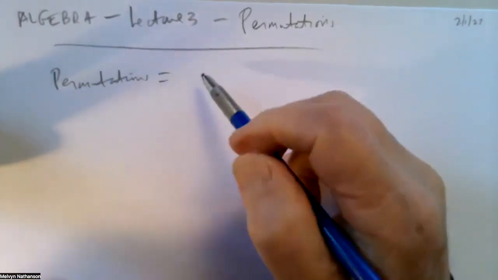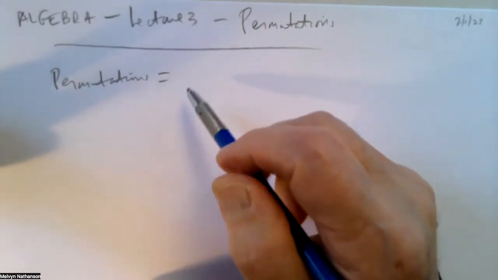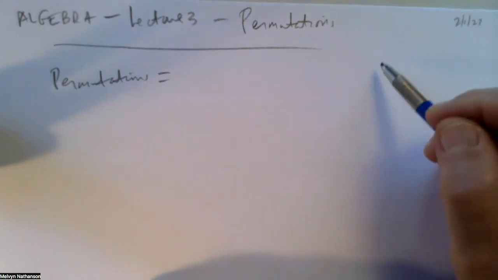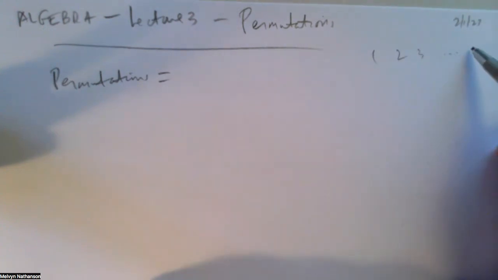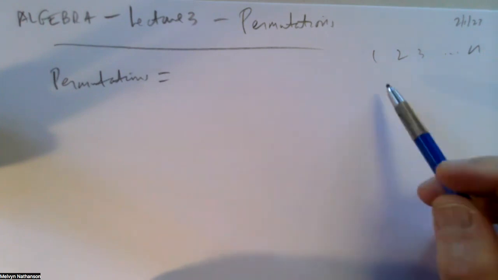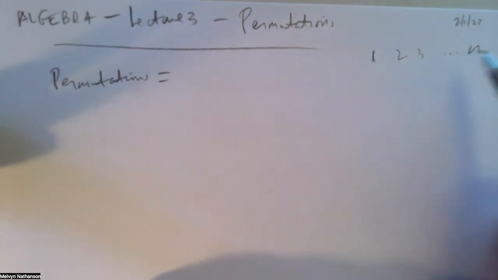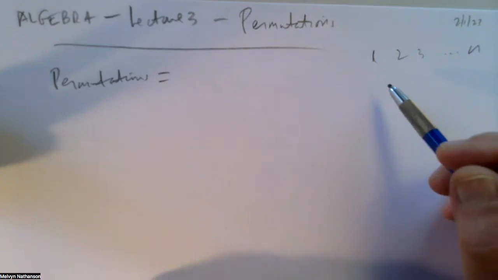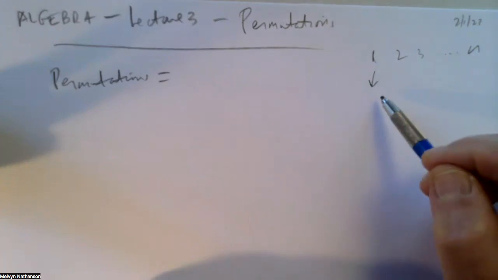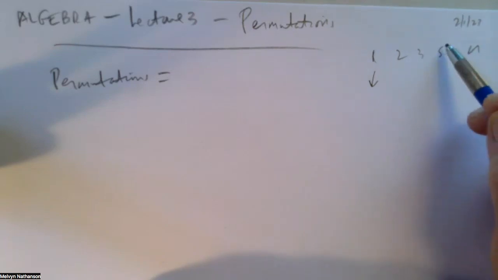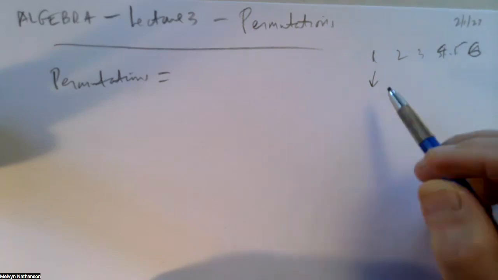Permutations are what? What is a permutation? You can think of it visually as you have the numbers 1, 2, 3 up to n, the first n positive integers, and we're going to rearrange them. So we're going to put the numbers in a sequence, but we're going to change the sequence. Let's say we're going up to 6.